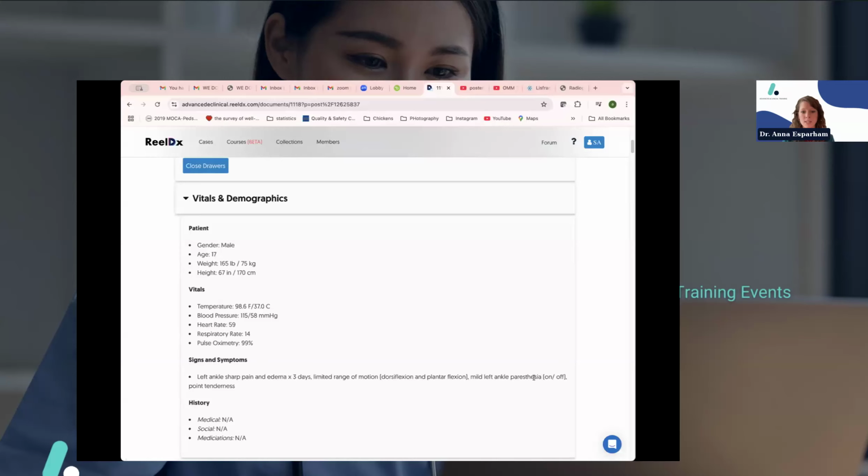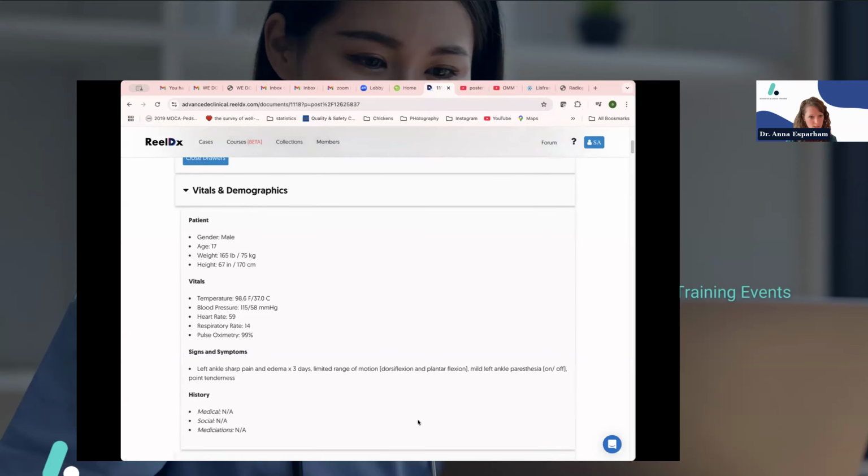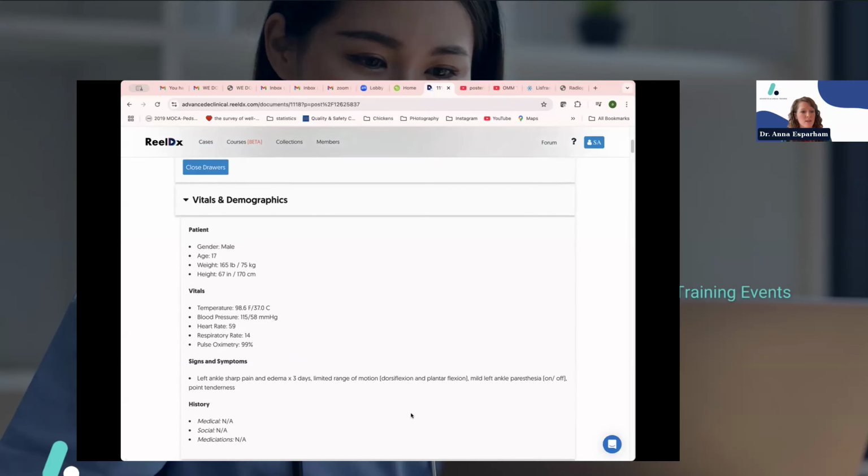He's got some paresthesia, which really means some tingling off and on. He has some point tenderness, probably on the lateral side of that ankle. And he doesn't have any medical issues, social issues, nor is he on any medications.